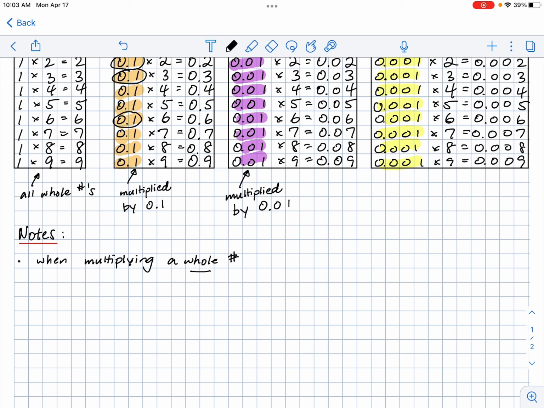Okay, this is important when you're multiplying a whole number by a decimal that is less than, I'm using the less than symbol as an abbreviation. The product will be less than the whole number multiplier. What do I mean by that? Okay.